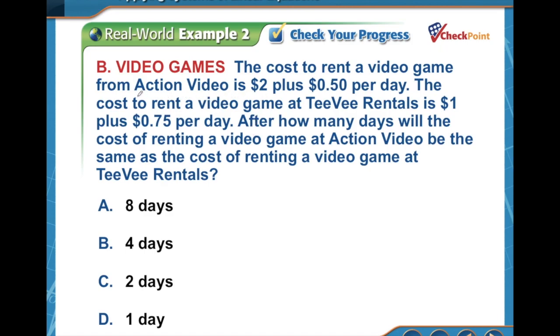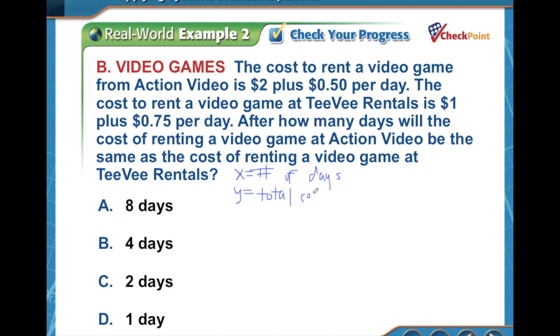So Action Video. I'm going to say x is the number of days. And I'm going to say y, my y variable, is the total cost to rent. I'll just put total cost. All right.